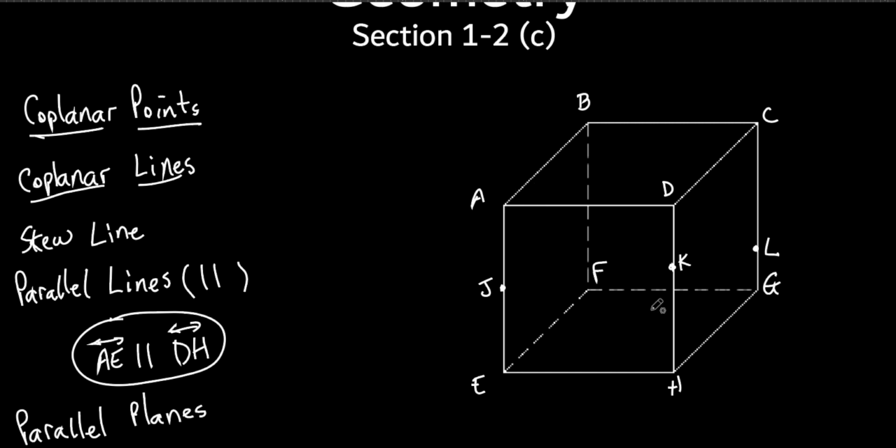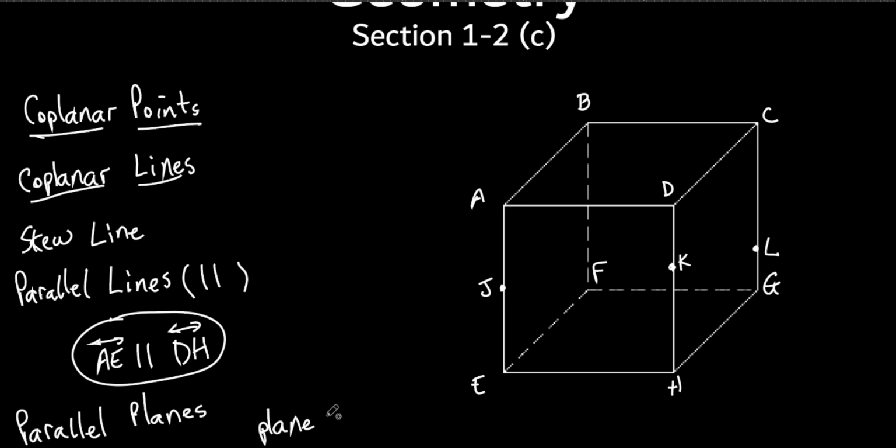So this front one right here, this ADHE, all right, how would we name it if we wanted to name it as the plane? So we would name it plane what? We pick just 3 of those 4 letters. It doesn't matter. So let's just call it what? ADH, or you could call it ADE, or any combination of those 4 points, okay? Just pick 3 of them, and you could call it that plane.